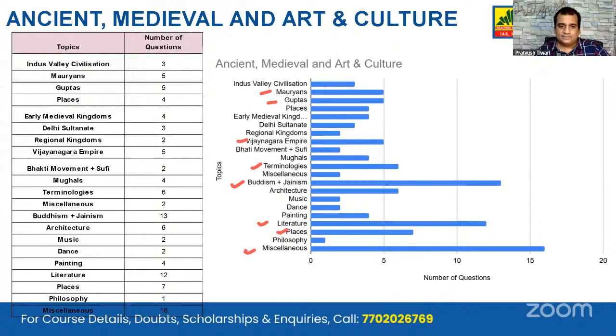And the places, you see architecture, especially for art and culture. So from here, if you want to take anything, guys, I'll say, don't think that if just two or four questions have been asked from early medieval kingdoms, it will not be asked in coming days. As ma'am has said, as even pointed out by Chaman sir, you have to be comprehensive. That is very much required.